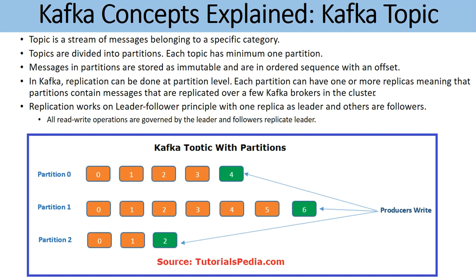In this way, offsetting is done in any topic partition to make sure that whatever messages are produced by the producer and sent to a topic are written to the topic's partition in an ordered, sequential manner.